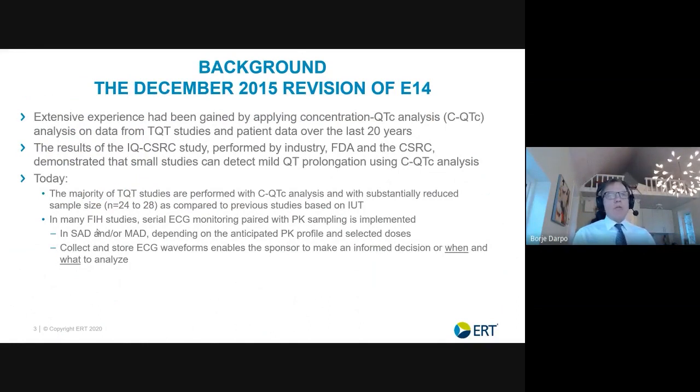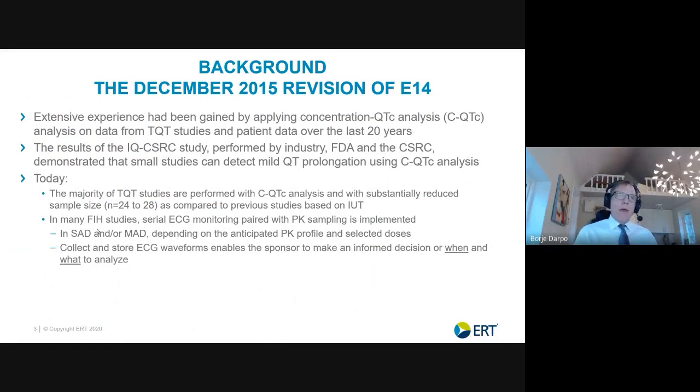The revision was also based on the prospective IQ-CSRC study, which was performed in collaboration between industry, FDA, and the Cardiac Safety Research Consortium, and that demonstrated that small studies can detect mildly QT prolonging drugs if concentration QTc analysis is applied. And it's fair to say that today the majority of therapeutic studies are performed with concentration QTc analysis, which has substantially reduced the required sample size down to 24 to 28 subjects as compared to the traditional by time point analysis, the intersection union test.